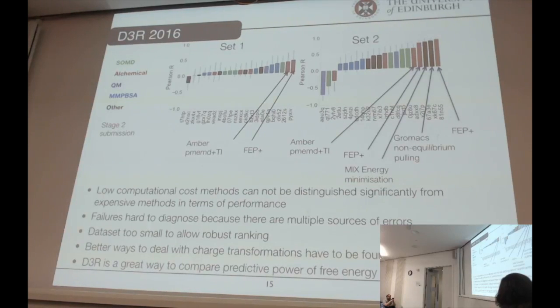4 methods are significantly better than other methods. Identifying these is a mix of FEP Plus and Gromacs non-equilibrium pulling methods and a Monte Carlo method. But then we don't do that badly in comparison to other submissions.